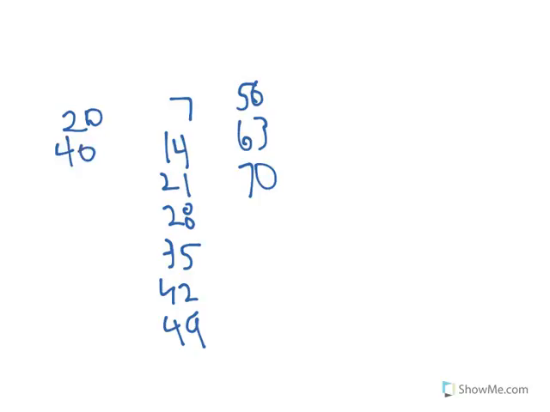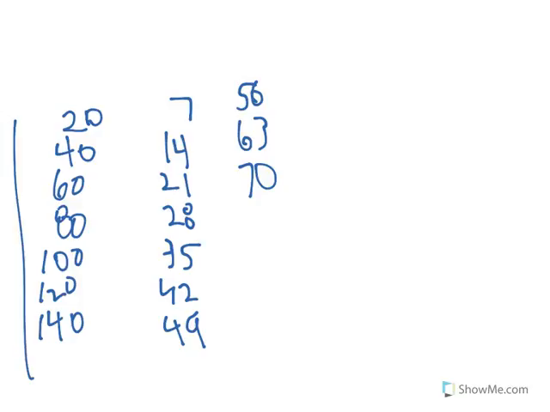20, 40, 60, 80, 100, 120, 140. So now we've established that we've gone quite a ways in the 20s column, so now we need to continue on because nothing matches yet.